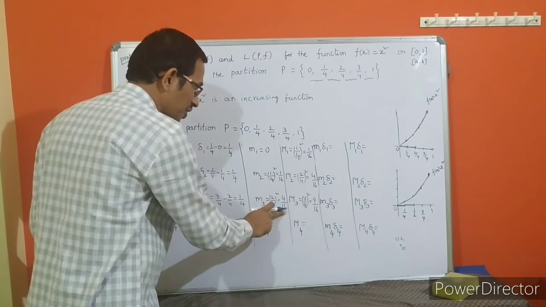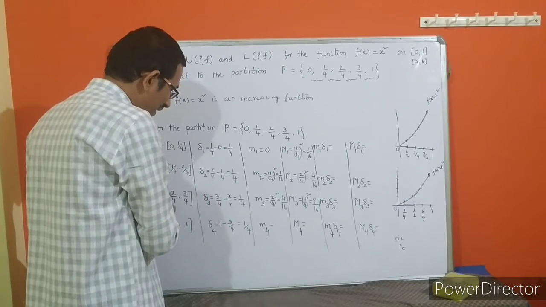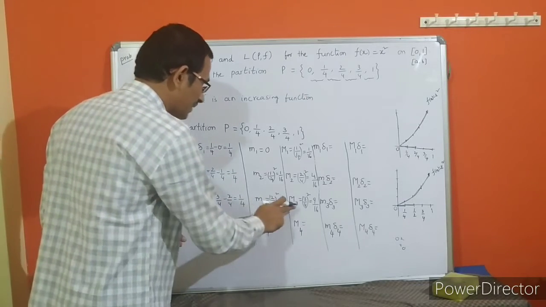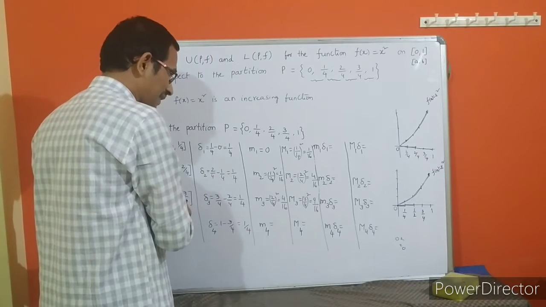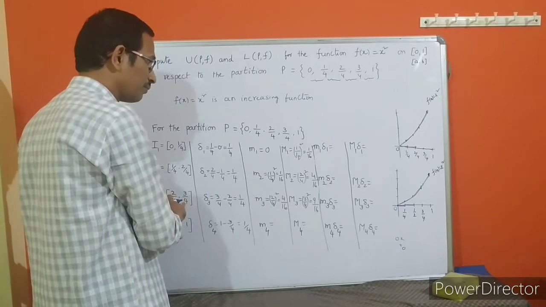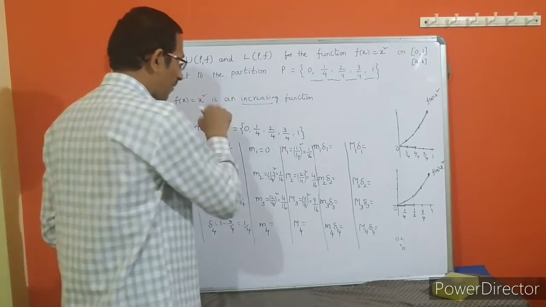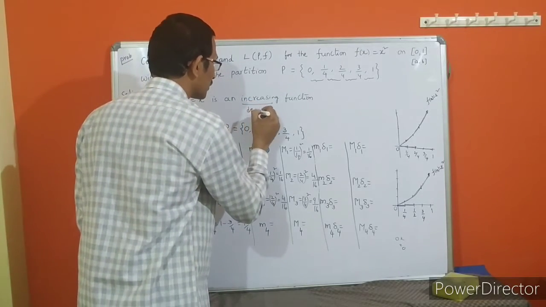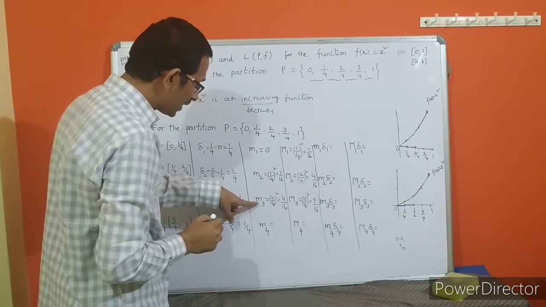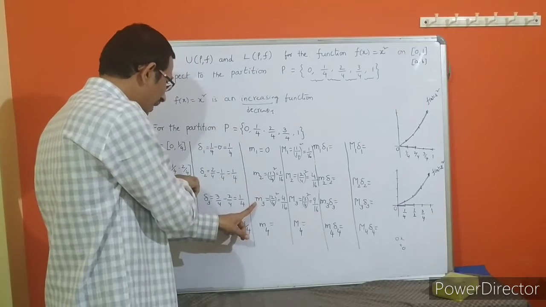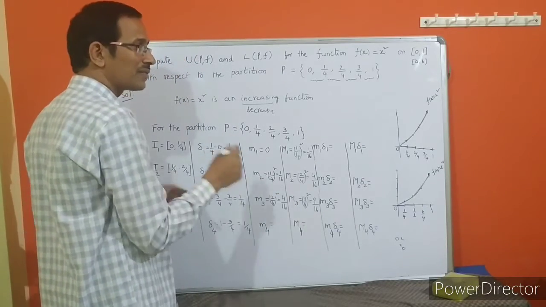The maximum value comes at the maximum value of x, because this is an increasing function. If f of x is a decreasing function, the minimum value m3 comes at the maximum value of x and the maximum value comes at the minimum value, vice versa.